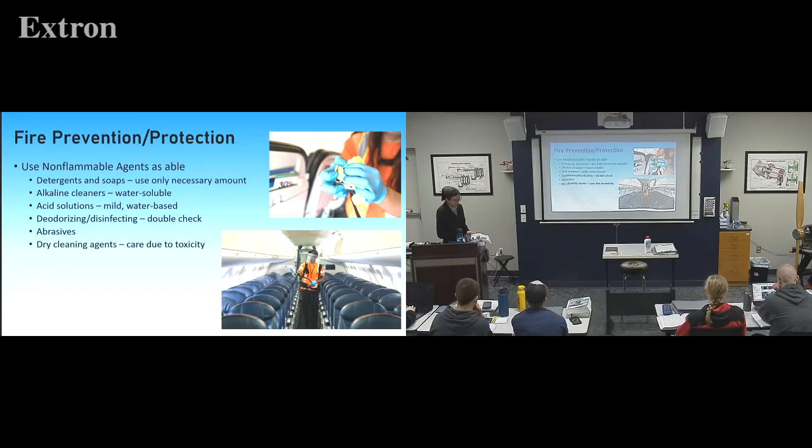Alkaline cleaners, generally they're going to be water soluble. Make sure you're using a water soluble type. Acid solutions, keep them mild. Water-based is best. Deodorizing and disinfecting things for the inside of the cabin, double check with the manufacturer that it is actually non-flammable.